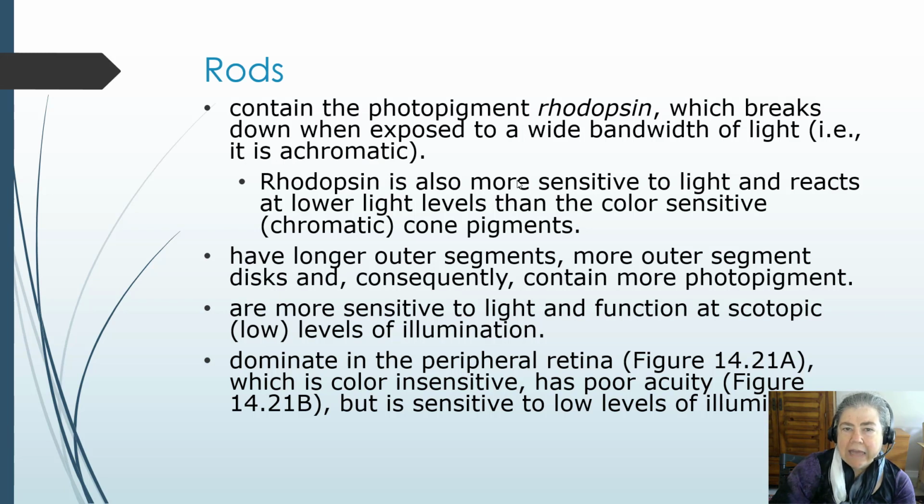And rods have their photopigment, and this is a rod. They have a lot of a photopigment called rhodopsin, and rhodopsin breaks down to a very wide bandwidth of light, and it doesn't help us detect color. It just detects light. It's very sensitive to light. There's a bit more of it than we see in the cones.